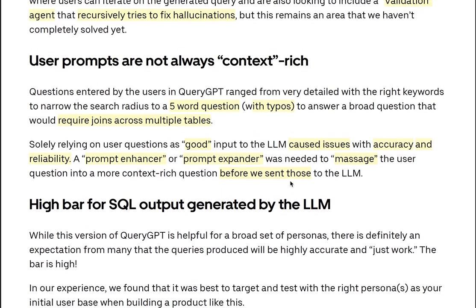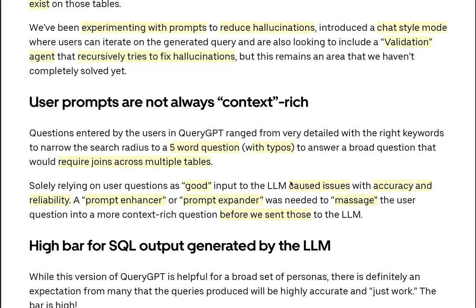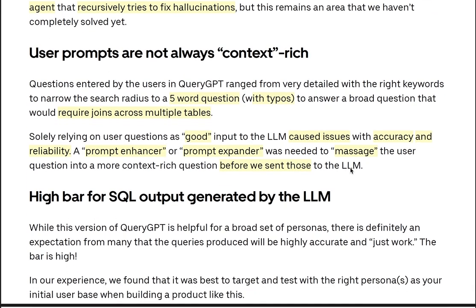They also saw that user prompts are not always good. So they used a prompt enhancer for every prompt given by any user, which improved the quality of the input to the LLM and proved better in terms of responses.